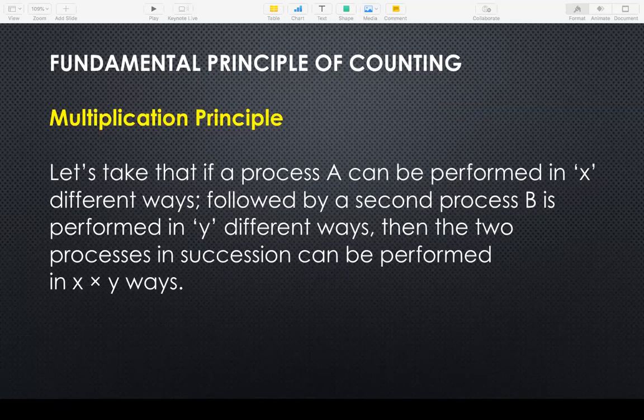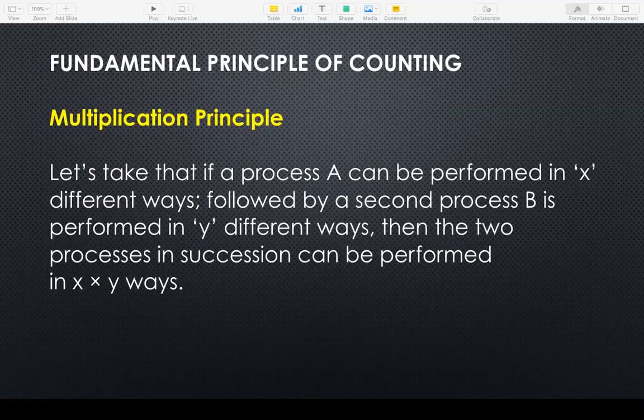One process can be performed in X ways, followed by, it means after we are done with the first process, we are going to do the second process. Now the second process can be done in Y different ways. So the total number of ways in which the two processes can be done in succession, one after the other, is nothing but X into Y ways.